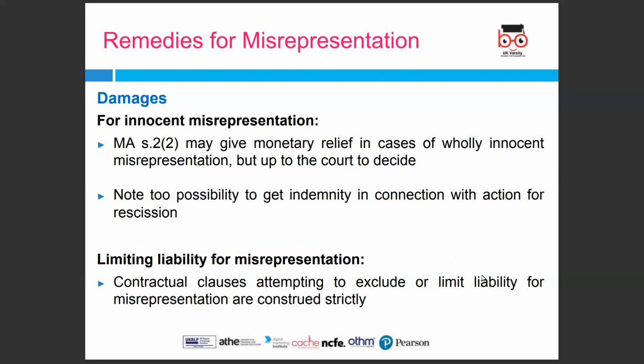Damages for innocent misrepresentation. Under the Misrepresentation Act, Section 2, subsection 2, the court may give monetary relief in cases of wholly innocent misrepresentation, but it's up to the court to decide. Note 2, possibility to get indemnity in connection with action for rescission.